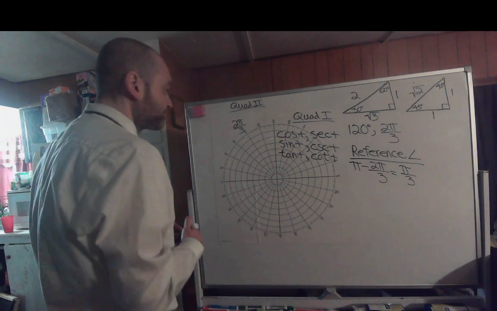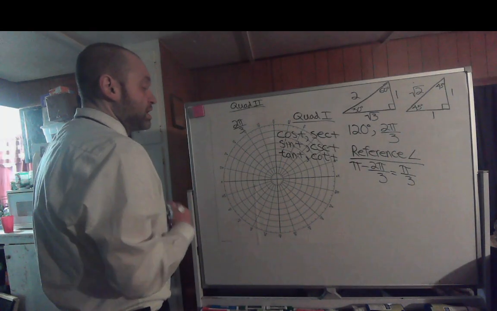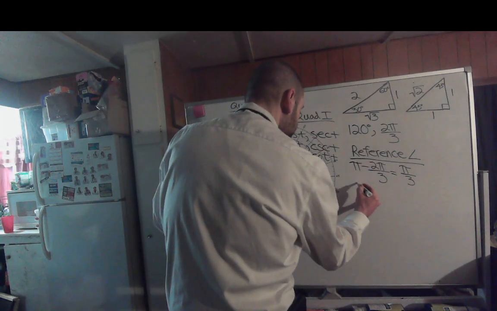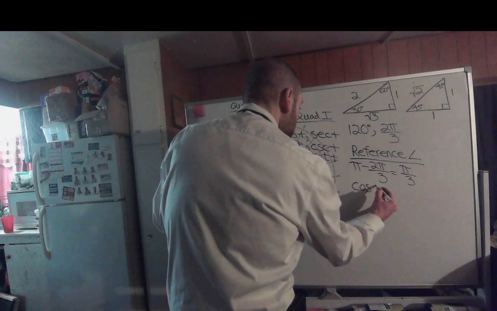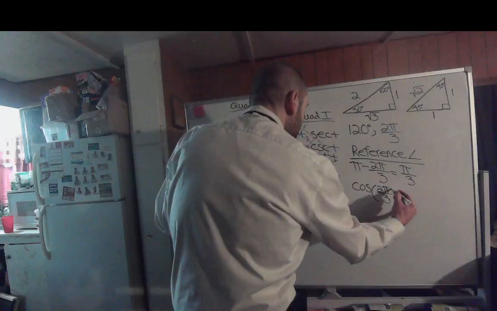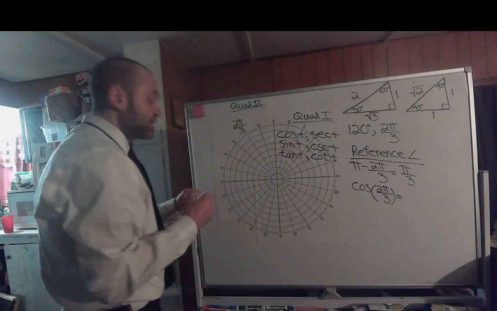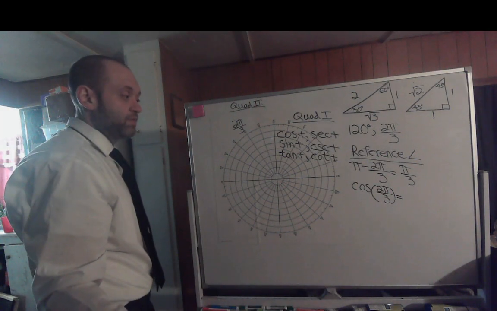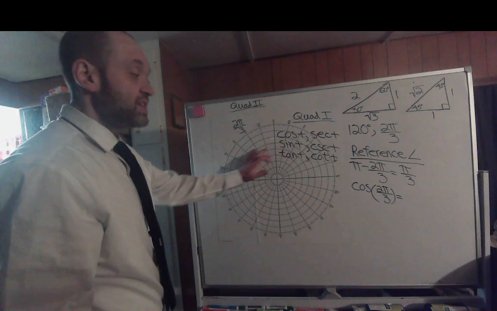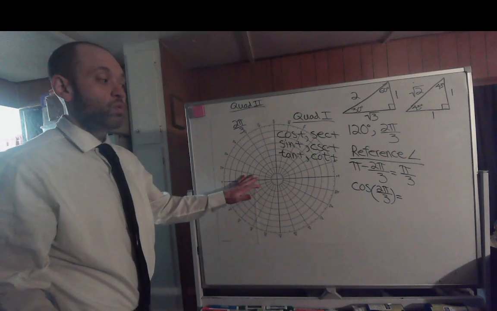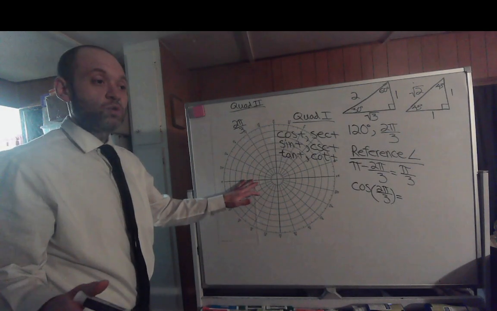So let's find the cosine of 2 pi over 3. Now keep in mind we're treating this like a 60-degree angle, right? Because it's pi over 3. But we're in the second quadrant. If we remember from basic xy coordinates, what is true about the second quadrant?